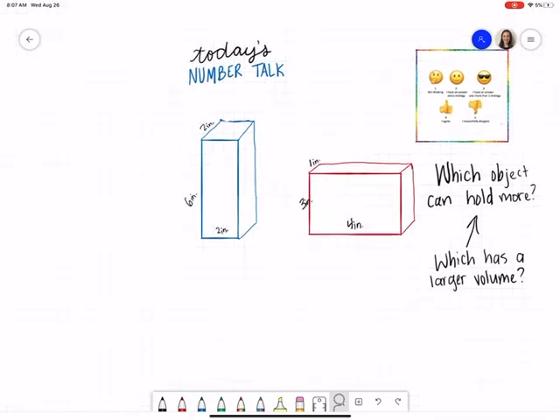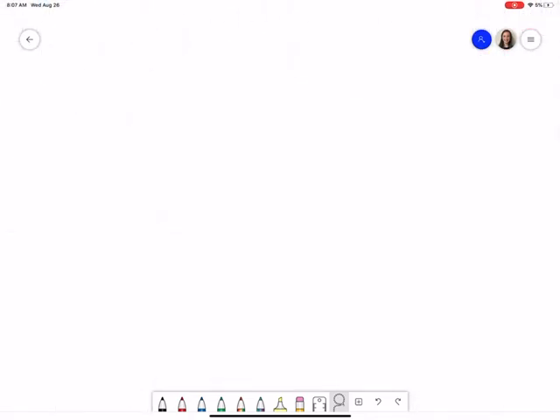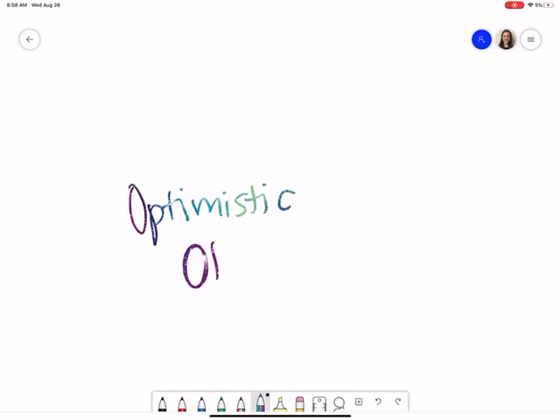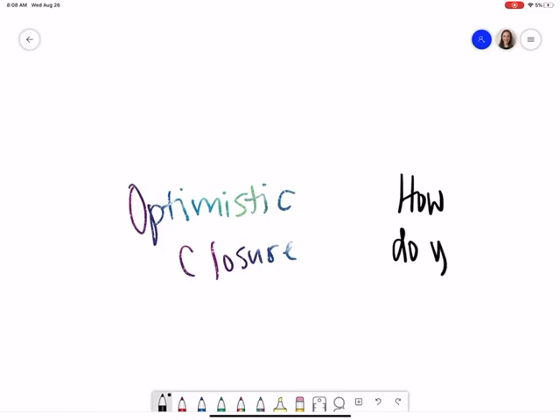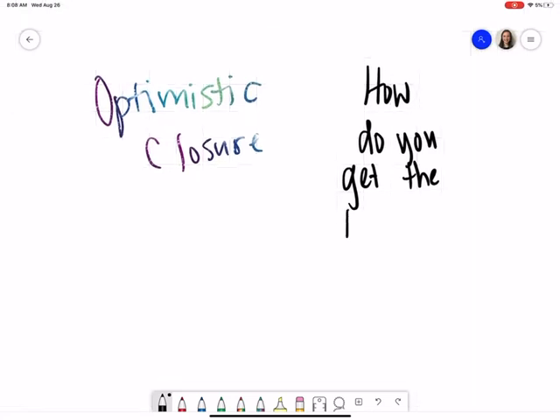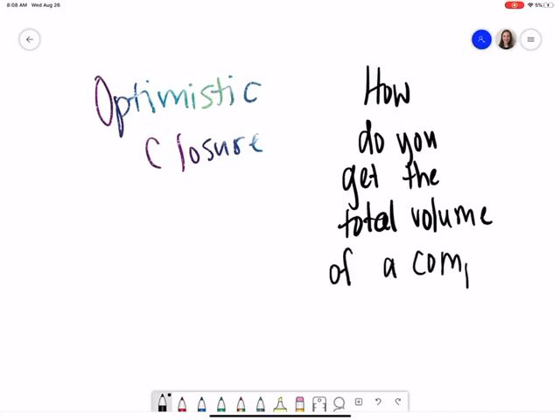So for our optimistic closure, I want you to explain to me how do you get the total volume of a complex figure?